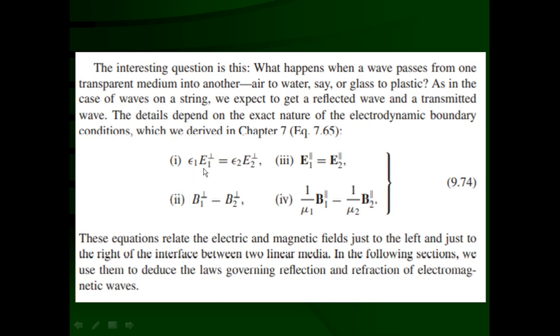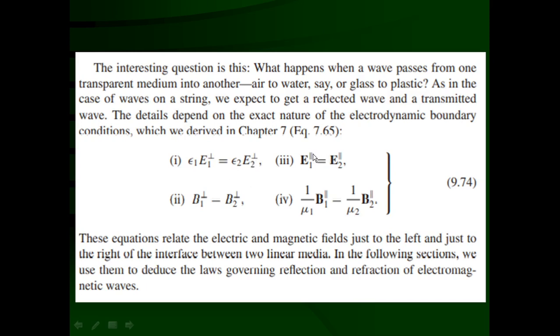This means the perpendicular component of the electric field vector in medium 1, and this is the perpendicular component of the electric field in medium 2. So to the left and to the right of this surface, which is dividing medium 1 and medium 2, and perpendicular to the surface, this component is E1 perpendicular and E2 perpendicular.